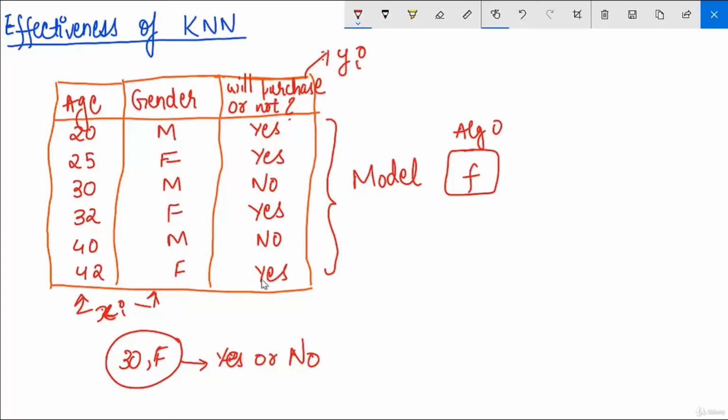This model will not work. Only with the example of age and gender, I keep training the algorithm and finding out whether it is a yes or no. It is not a good approach. So there is a problem. This is the problem, right?